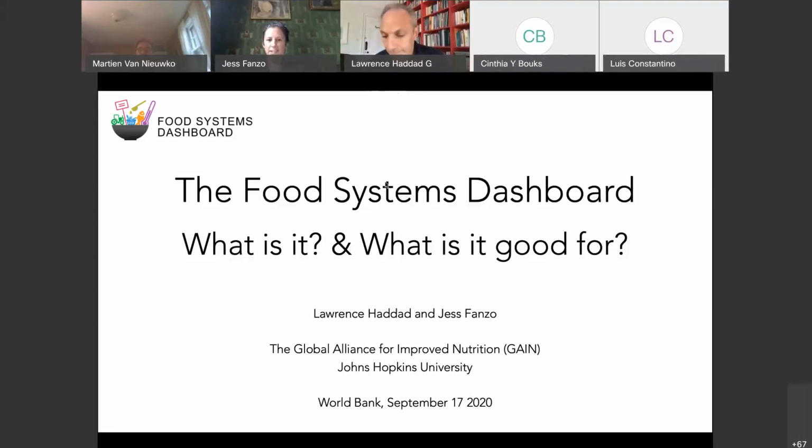We're really pleased to show a bit of what this dashboard can do and its future potential of what we're hoping it can grow into, working with different partners. So this, like Lawrence had said, is a partnership with GAIN and Johns Hopkins, but there are many other partners that have been really pivotal in developing the dashboard, including FAO, colleagues from Michigan State and University of Michigan, Harvard.